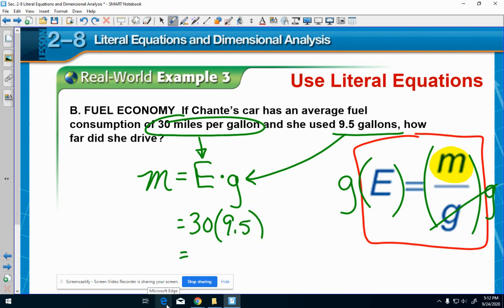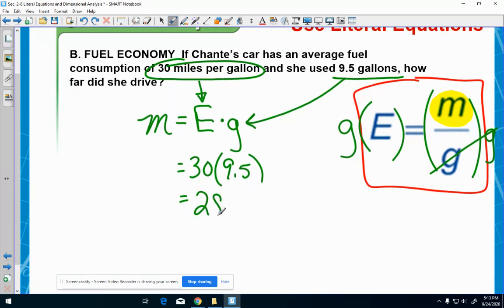If I find my calculator, 30 times 9.5 gives me a final answer of 285 miles. So averaging 30 miles per gallon and using 9.5 gallons, Shantae would be able to drive 285 miles.